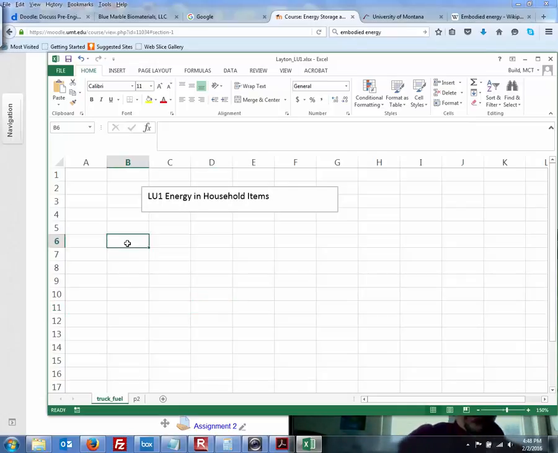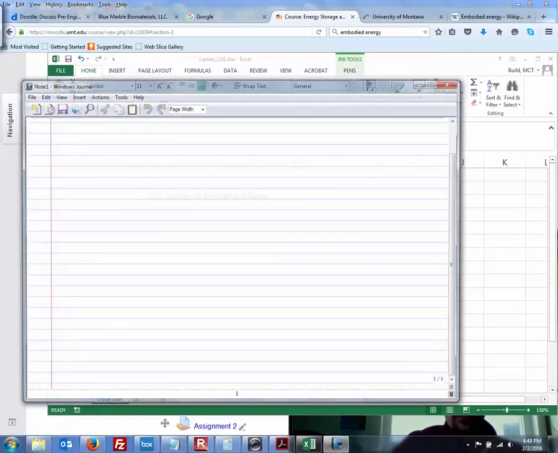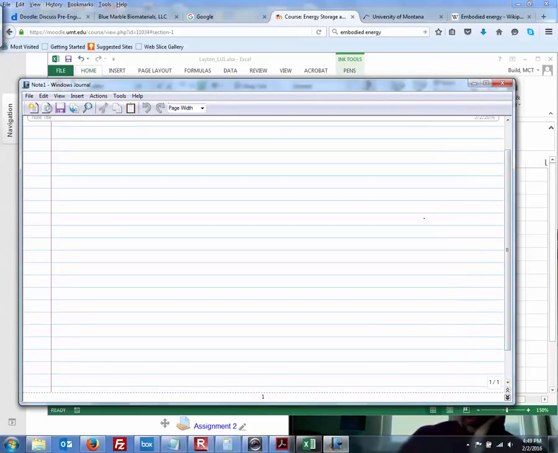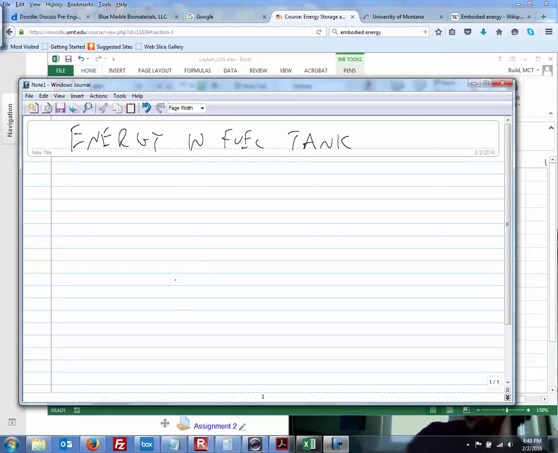But like I said, I'm going to first get out my pencil and paper, in this case my virtual pencil and paper. So the first thing I'm going to do is this will be energy in fuel tank. You can start out in a couple different ways, and what I usually do, and this might help too, is just draw a picture.